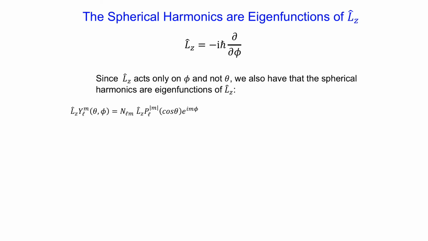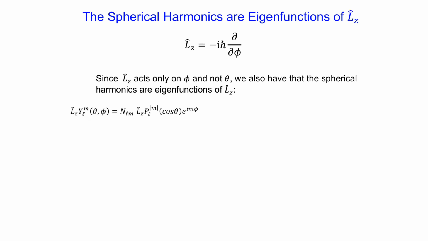So I'm just breaking your spherical harmonics up into the different components. Remember, we have our normalization constant here, and then our associated Legendre functions coming out right here. Lz only acts on the phi component of our spherical harmonics. So I've just brought out our normalization constant, and then the theta and phi components come after the Lz operator.